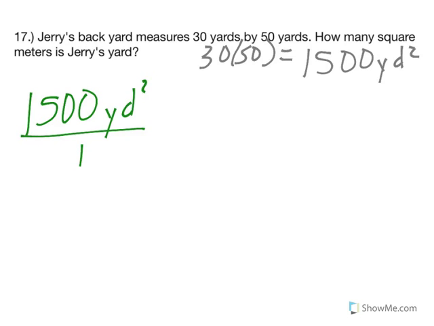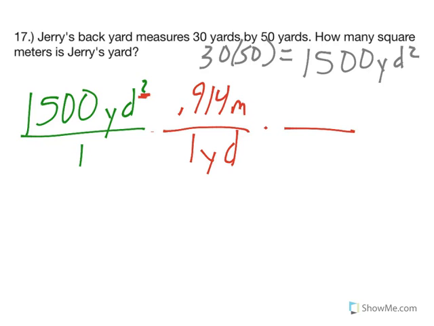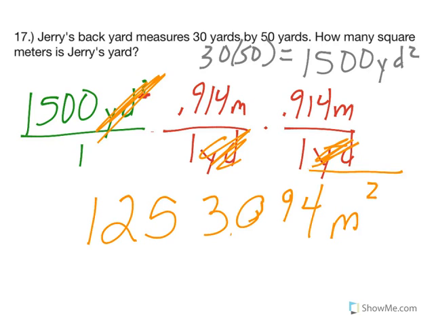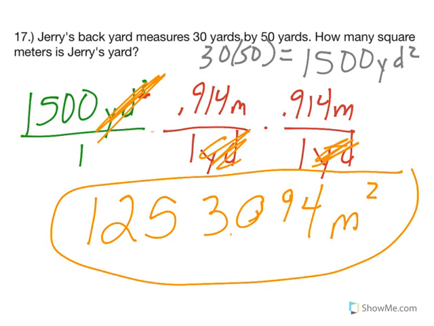But I know from our conversion page that 1 yard is 0.914 meters. And because of this too, I'm going to do it twice. And therefore, 1 yard, 2 yard gets rid of yard squared. I multiply across because they're all in the top. And I get 1,253.094 meters squared. And there's my answer.